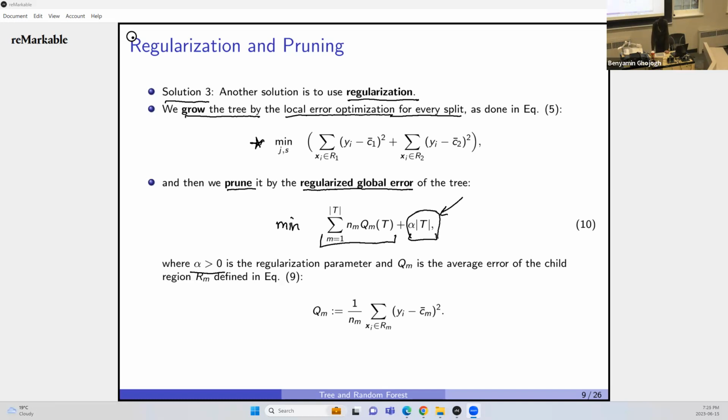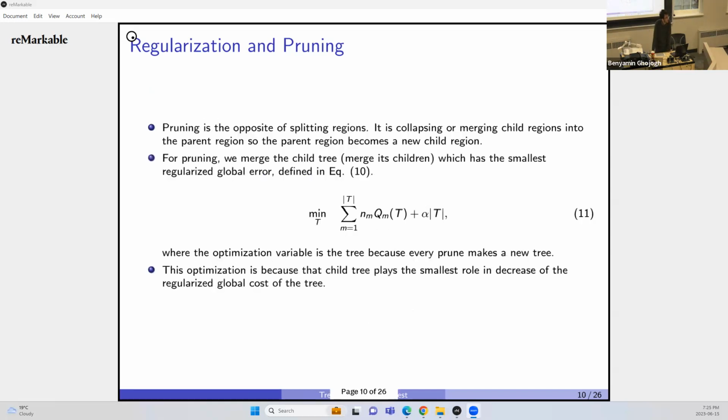Okay. Now, we already talked about this also in the previous slides. So pruning that I talked about is the opposite of splitting regions. Splitting splits a parent region into 2 subregions. Pruning merges 2 children regions into 1 parent region.